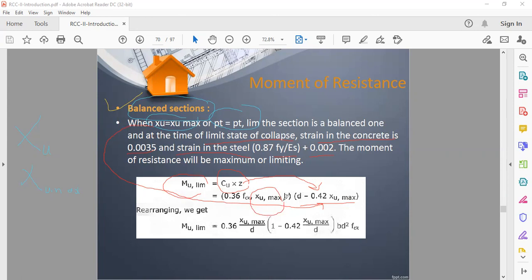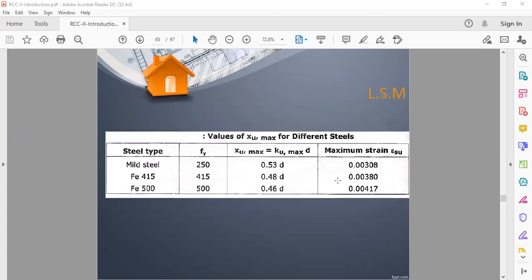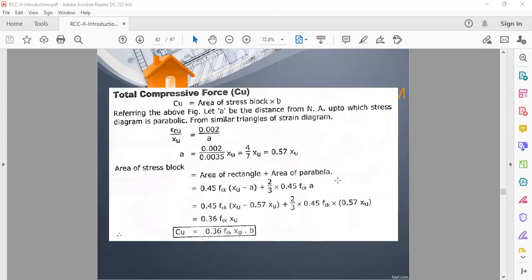We already calculated Cu in the earlier part. Cu equals 0.36 fck Xu into b.